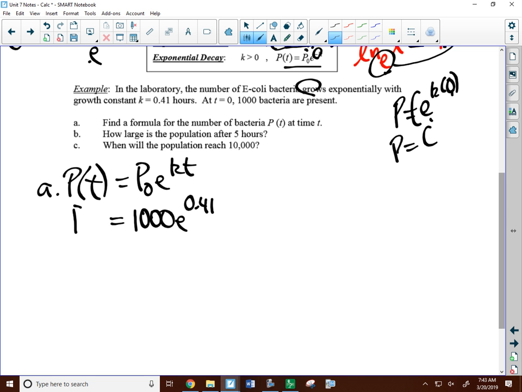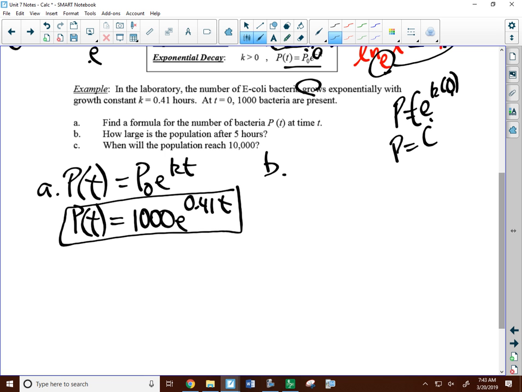And we always want the function in terms of t, time, so I keep time in there. Okay, that's it for A. You'll see in the next example we do, you're not always going to have k, so we might have to solve for it. But this one, they gave it to us. So there's the formula we're going to work with, and we'll answer B and C based on that.